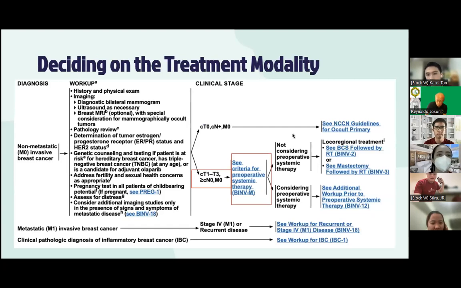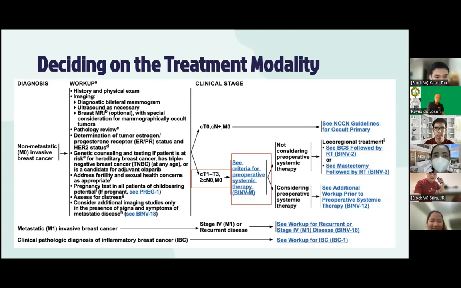So deciding on the treatment modality, so we also use the NCCN guidelines for invasive breast cancer. And again, considering our patients' clinical staging of T4B and 2MX, we first want to determine if preoperative systemic therapy would be considered for our patient. So we need to parang see the criteria for preoperative systemic therapy. So we followed it.